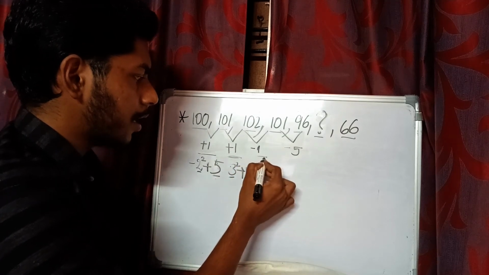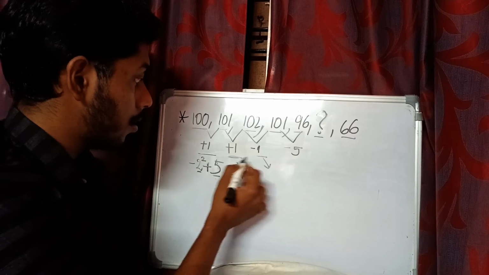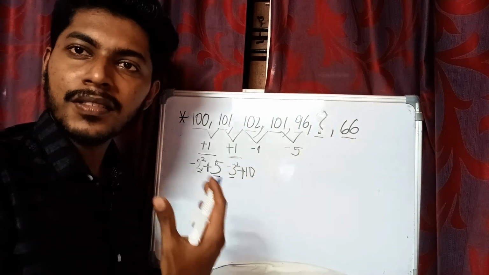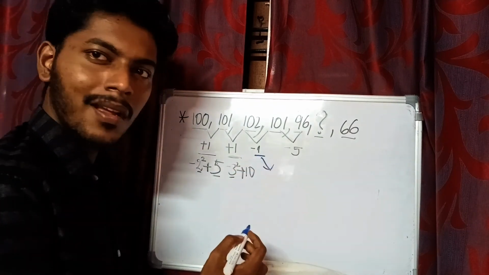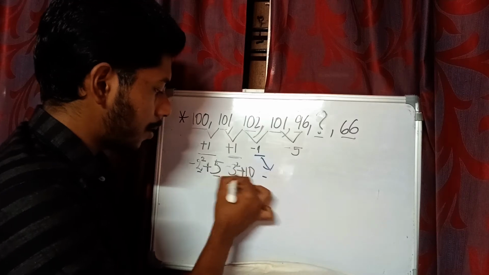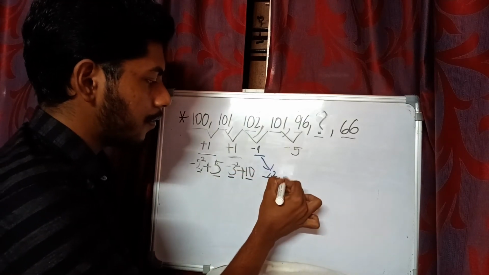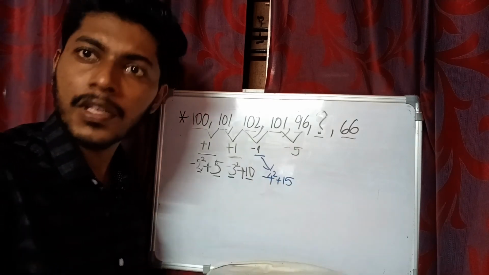Okay, and then for the next one, it's minus 1. Next is minus 4 square plus adding 5, 15. It's correct now. Minus 16 plus 15 is minus 1.